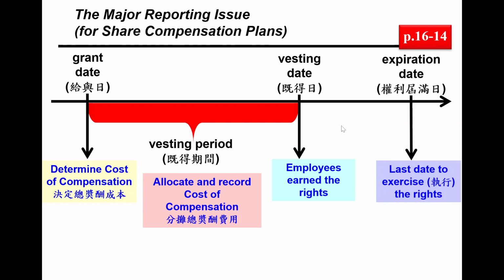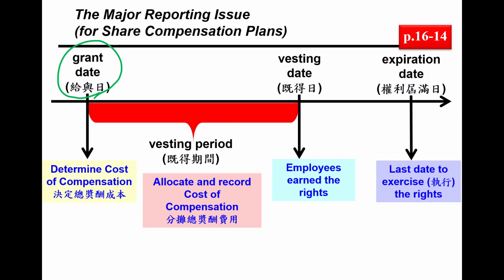Okay, three important days when we talk about share compensation. 员工股票奖酬计划。First is grant date, 给予. So remember, what does that mean? Grant date is the date we told our employees we will give you the right, the options. So this is the date we grant, we give our employees the right.